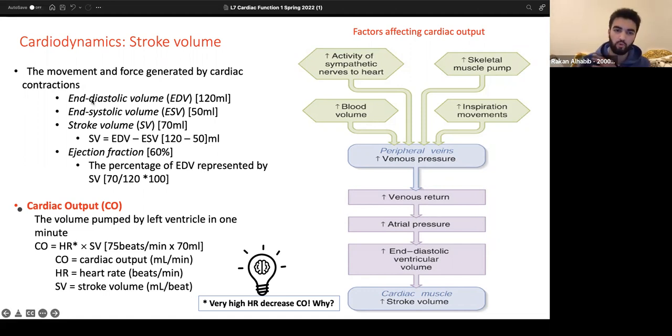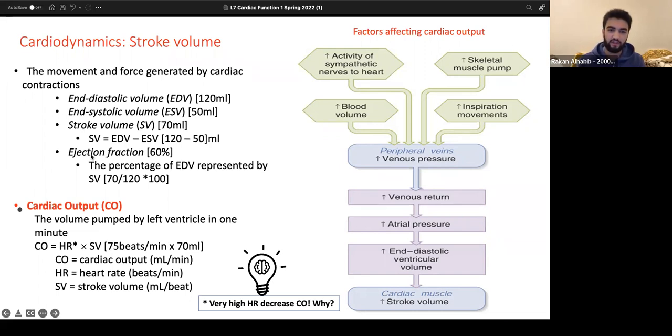And I'm guessing you also went through the end diastolic volume, which is basically the amount of volume in the heart before the heart pumps, so when the heart has stopped filling. And then the end systolic volume, which is the amount of blood in the heart after the contraction of the heart. And we talked about the stroke volume.